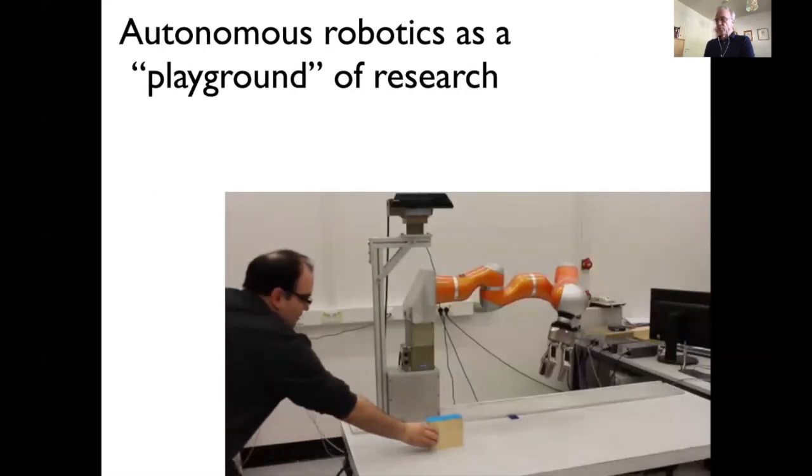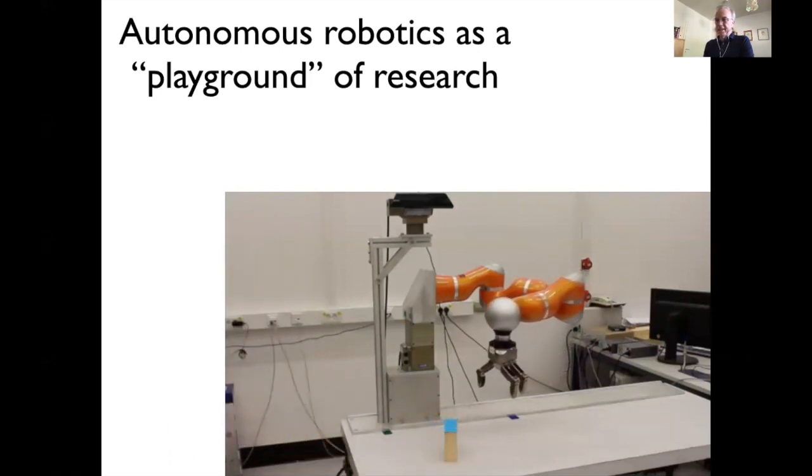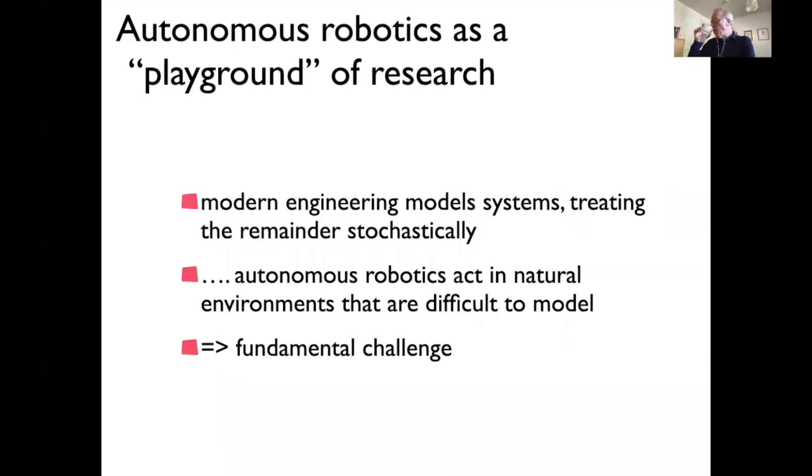Now, the actual reason why a lot of us are doing autonomous robotics is really that it is an ideal playground for research. And I want to substantiate that interpretation a little bit. So one idea in autonomous robotics is that it is a challenge to the basic paradigm of modern engineering.